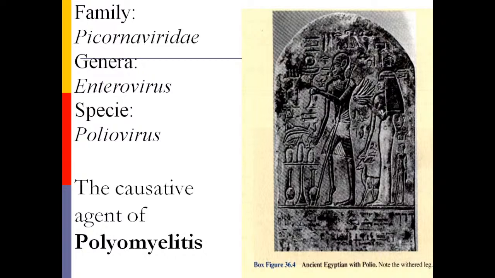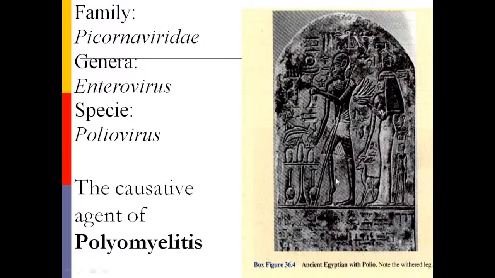In this photo, you can see an image of an ancient Egyptian with polio. Look please at this photo. It means that polio is an ancient disease that was known from ancient times, and a lot of people were infected with polio.